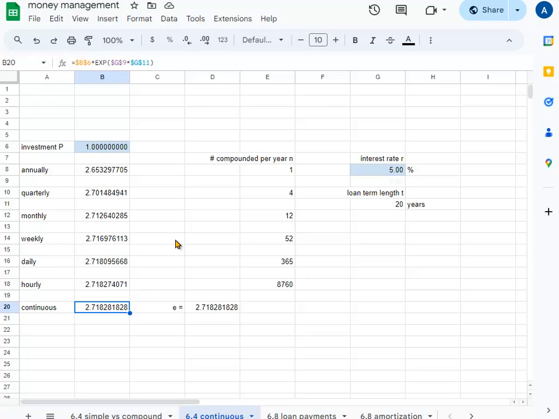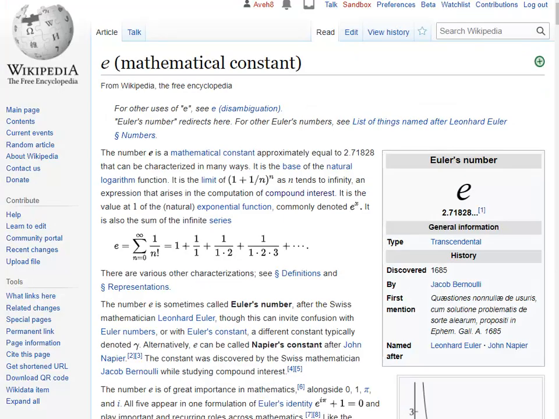And when it's continuous, so that it compounds itself like every second, and even faster than that, you come up with this number, 2.718, and so on. And as a mathematician, we're reminded that is exactly the number e, which we know from the exponentials. And when you look up the number e, the mathematical constant, here it is, the 2.71828.